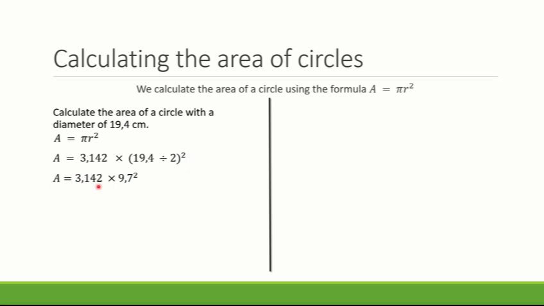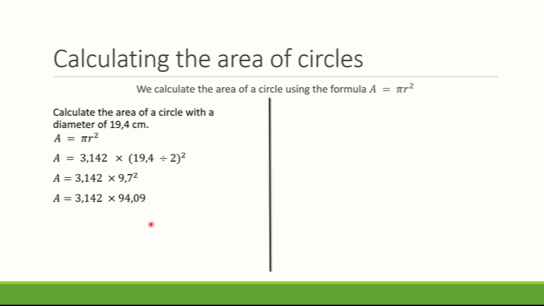There we've still got 3,142 times. And here we just did the division. So 19,4 divided by 2 is 9,7. And we've still got the square because we still need to times it by itself. In the next step, we multiplied 9,7 by itself. Our answer was 94,09.